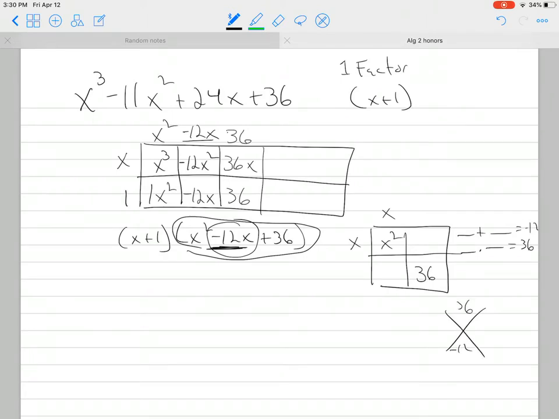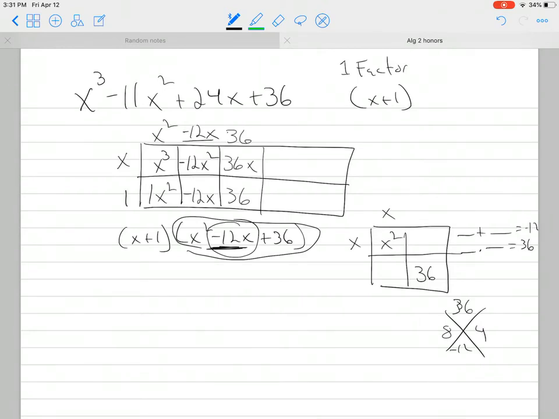36, negative 12. So 1 times 36, 2 times 24. 3 times 12 is 36. 3 and 12 ain't going to do it. 4 times 9 is 36.